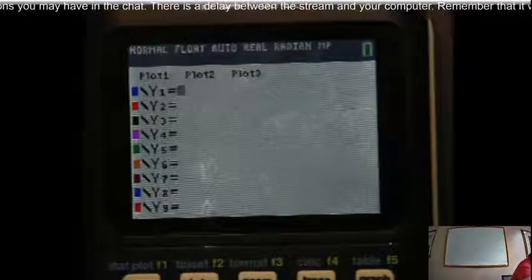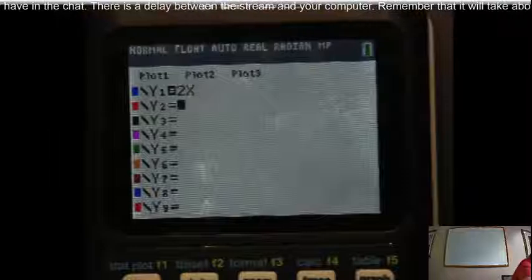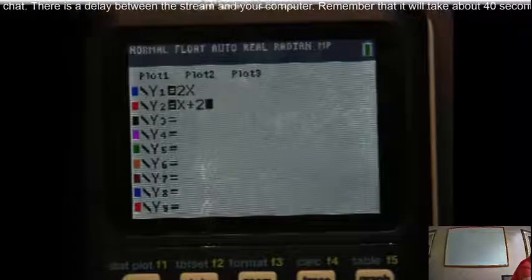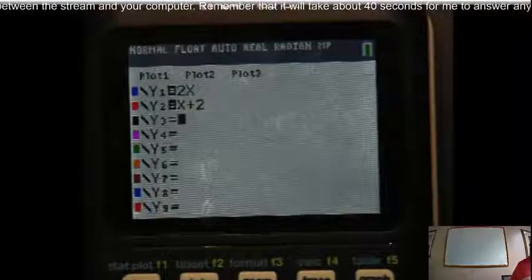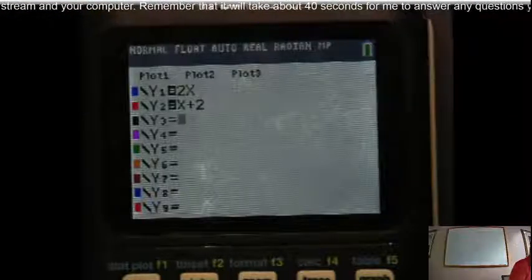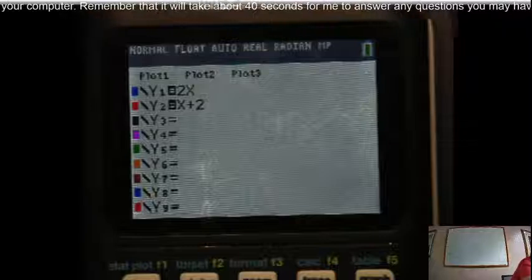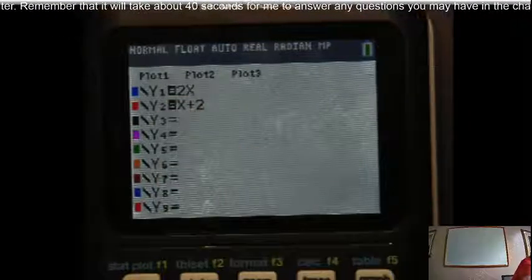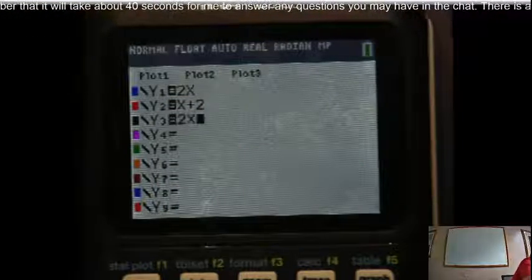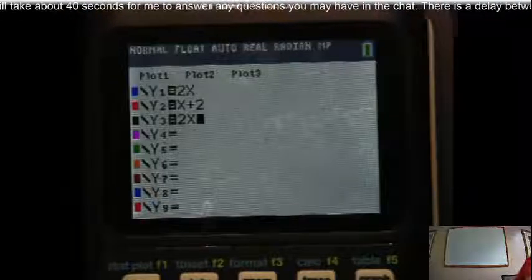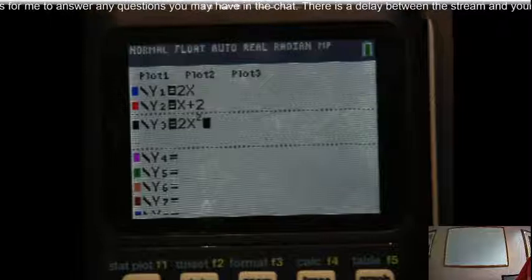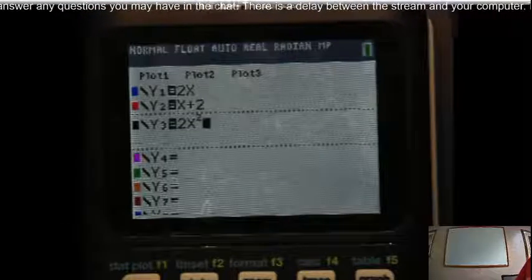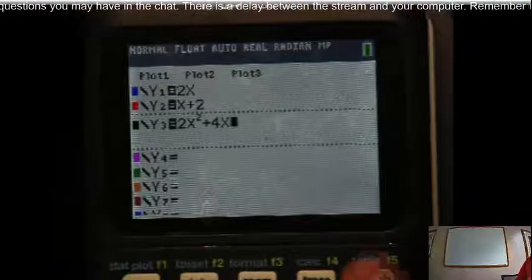Okay, I'm going to put the originals back in, 2x and x plus 2. And then let's try our multiply. So when we multiply these two functions, we get 2x squared plus 4x.